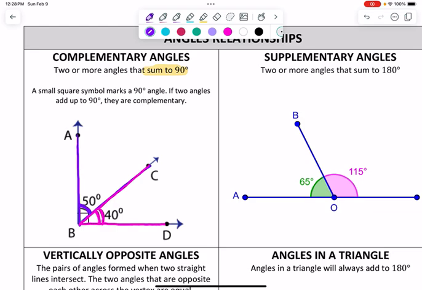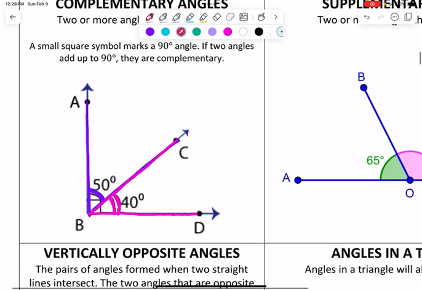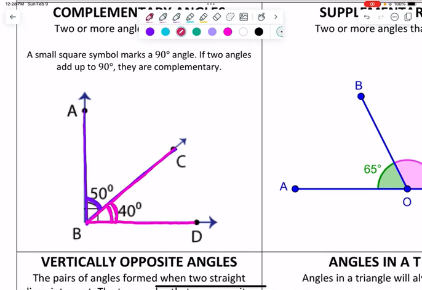There are two things I want to point out in this diagram, other than I have my two complementary angles. Thing number one, look at my number of tick marks. These tick marks are different. Angle ABC, the one that I've kind of outlined in purple, I used one tick mark to indicate it. And angle CBD, I used two tick marks to indicate it.